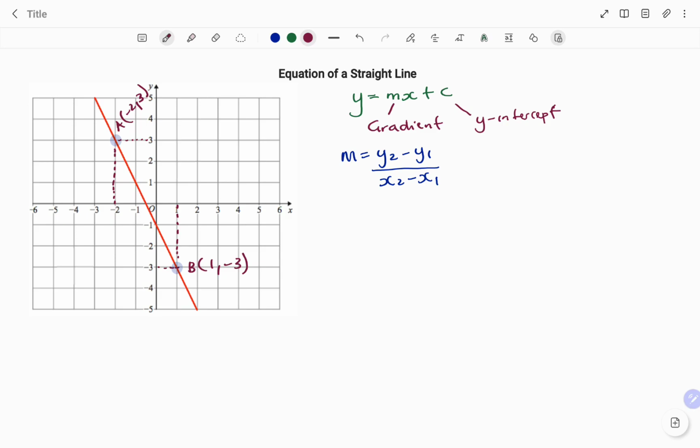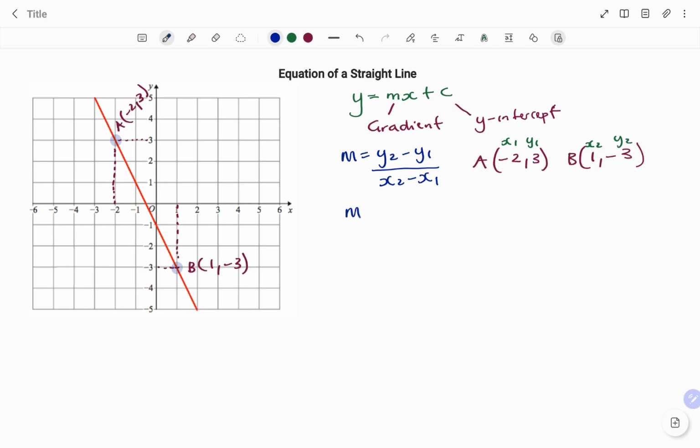Therefore, writing down my points, I have my A to be -2, 3, and my B to be 1, -3. I'm going to tag that x1, y1, x2, y2 for ease of convenience.